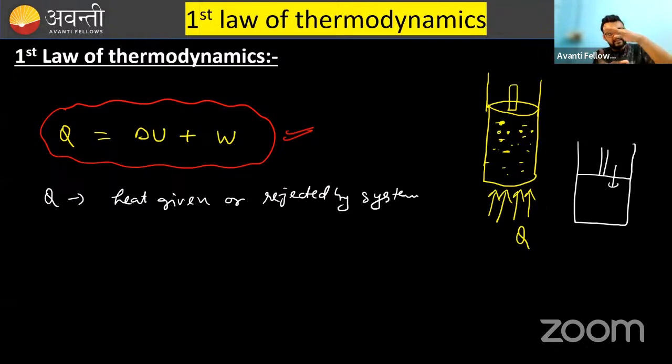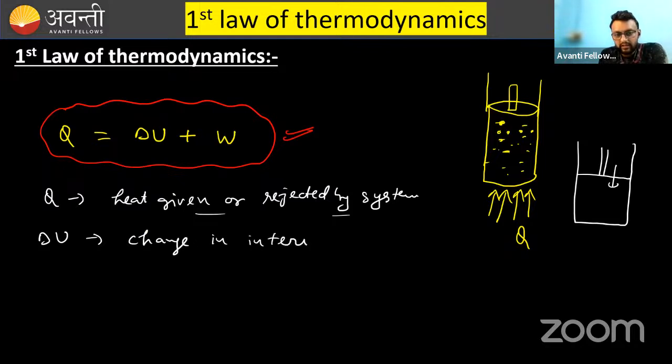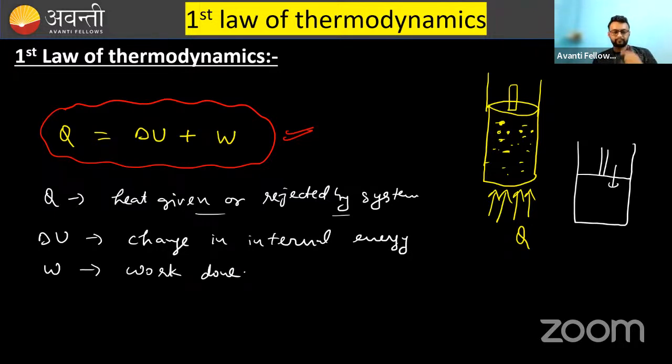Then the temperature of the gas will increase and some heat may be rejected. So Q is heat given or heat rejected by the system. Delta U is the change in internal energy. W is the work done. Clear? Everything is clear.